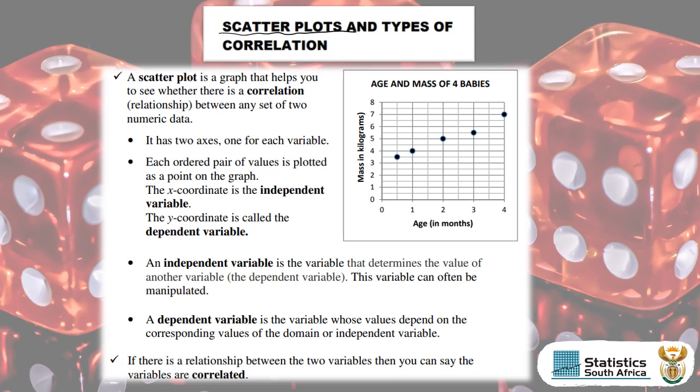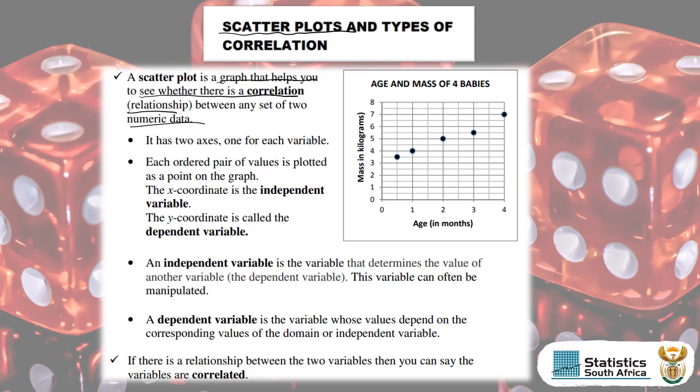A scatter plot is simply a graph that will help you to see whether there is a correlation or a relationship between any set of two numeric data. So you draw a scatter plot, and after drawing it, you'll be able to see whether there is a relationship or correlation between those two sets of data, right?